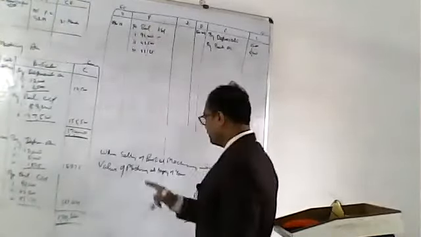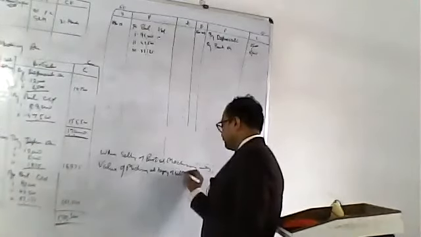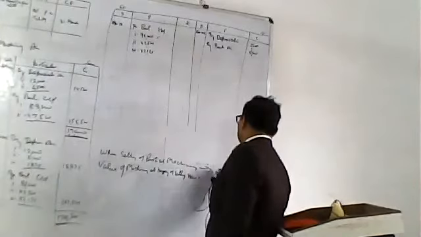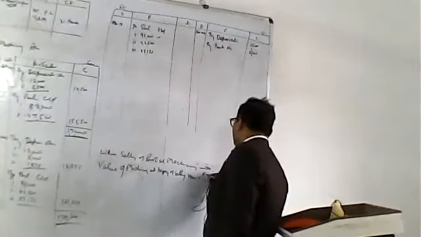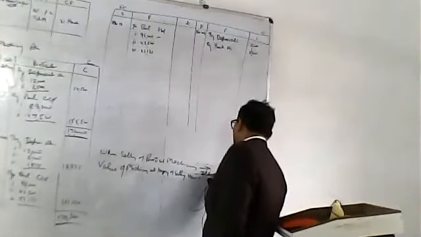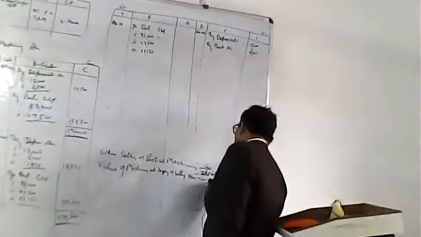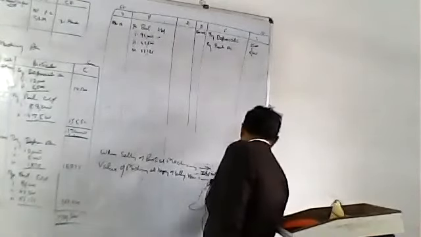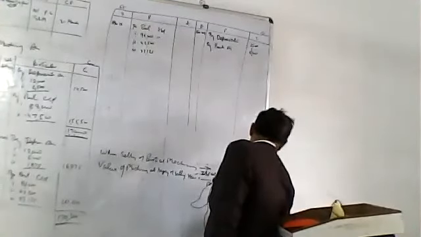When selling of partial machinery, value of machinery at beginning of selling year will be equal to total value at beginning of year upon original value into original value of sold machine.